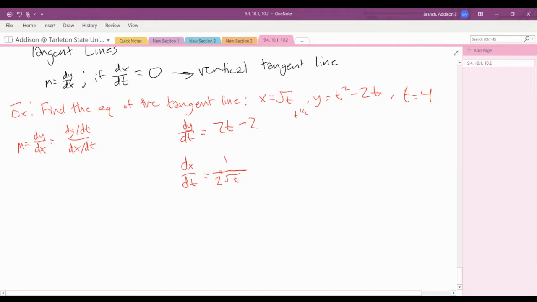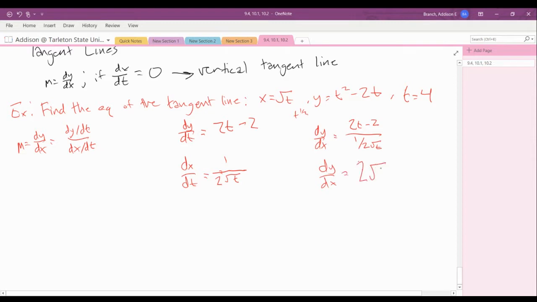Therefore our dy/dx is going to be (2t minus 2) over 1 over 2 square root of t, which we can move back up to the numerator.